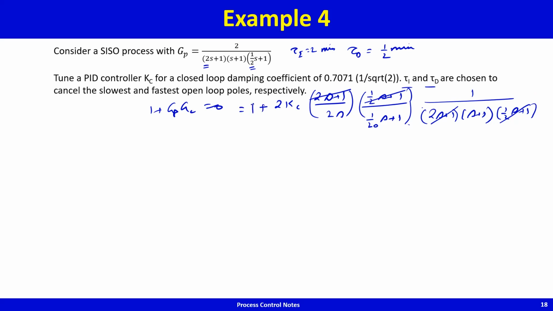That's my characteristic equation. So what I get is, 2 and 2 cancel out. So what I get is (s plus 1) into s into (1 by 20 s plus 1) plus Kc is equal to 0.